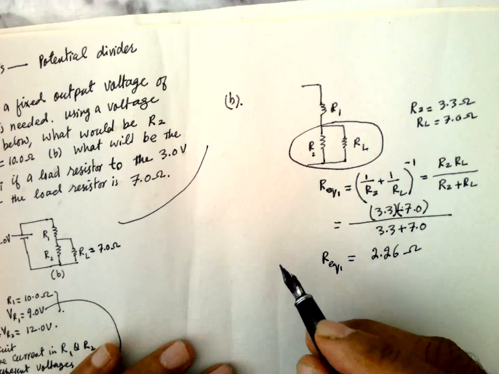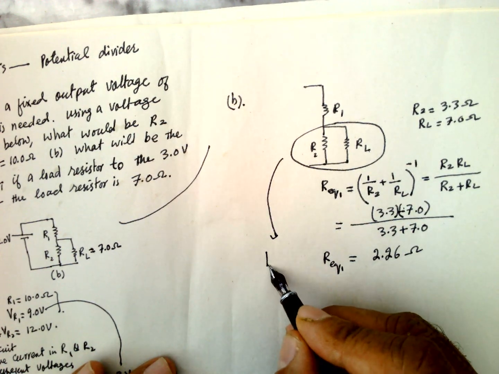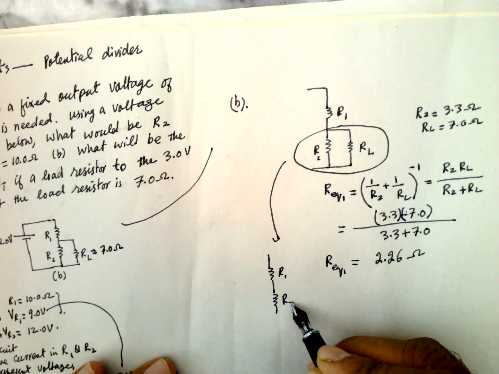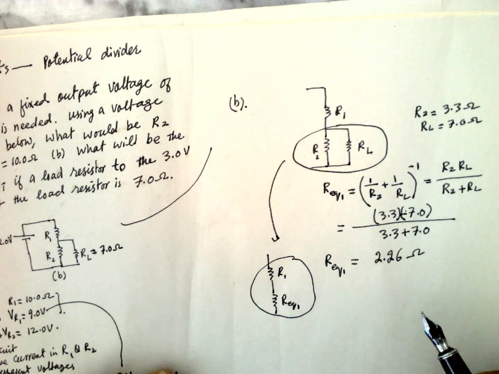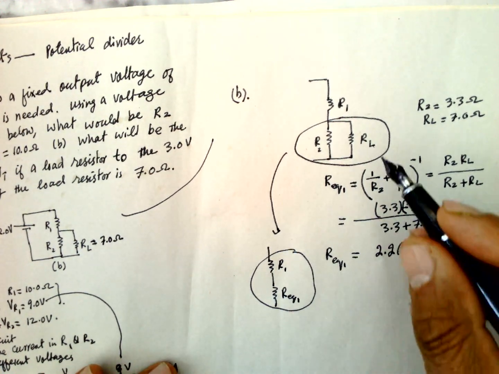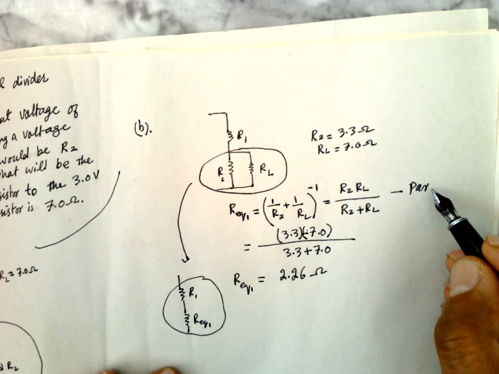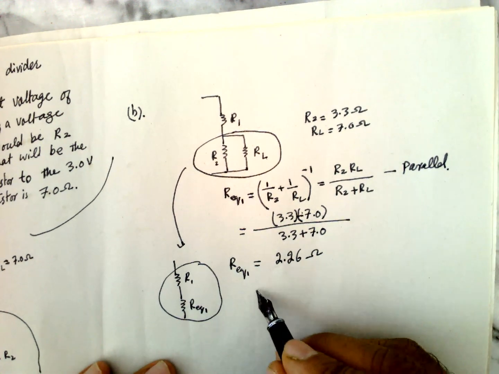So that means this circuit is now R1 and R equivalent 1. Now the equivalent resistance of this one, series. So this is parallel. Now it's series.